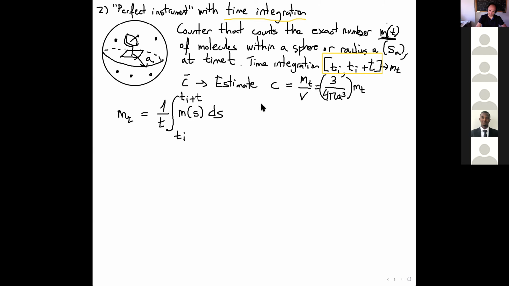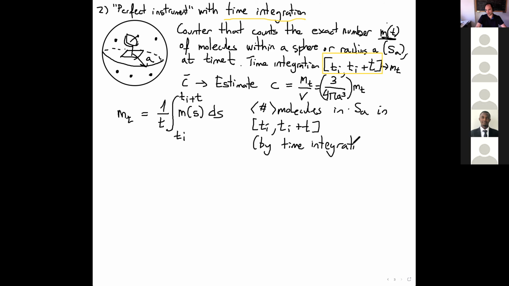This is the average number of molecules in the volume in the interval ti plus t, by doing time integration.